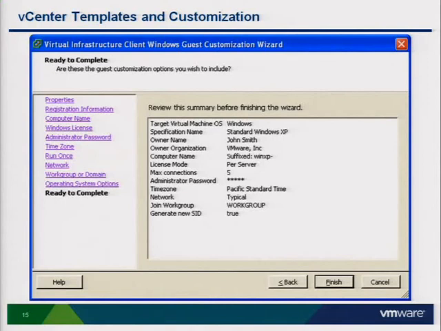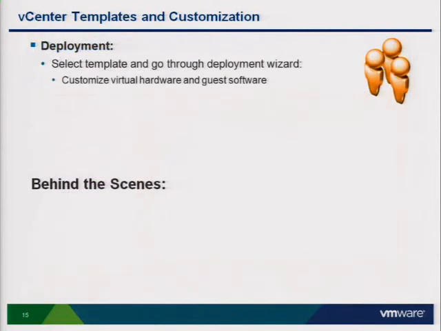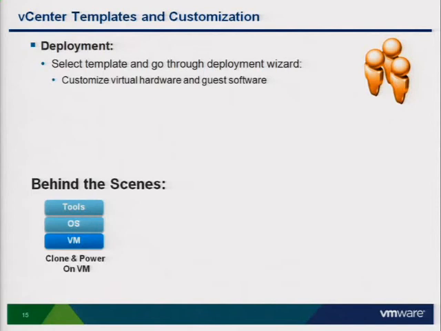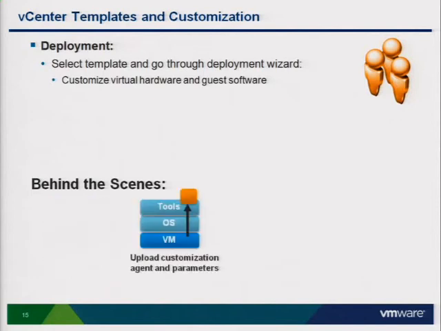Underneath the covers, what happens when you click finish here, there's actually quite a lot of machinery that goes into this function. The first part is that it clones the VM. So it takes a clone of all the virtual disks and all the metadata of that particular template to create a new VM. And then it powers it on. And once it's powered on, it actually downloads an agent into that Windows or Linux guest operating system.